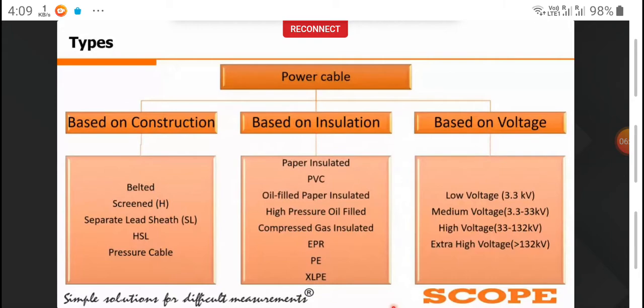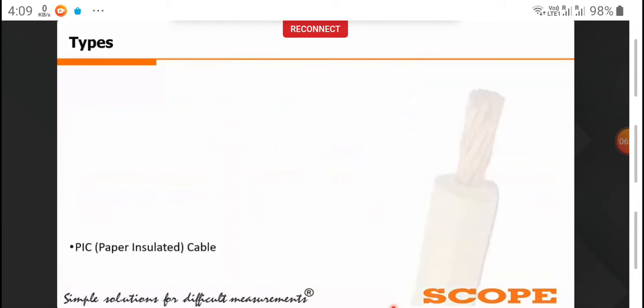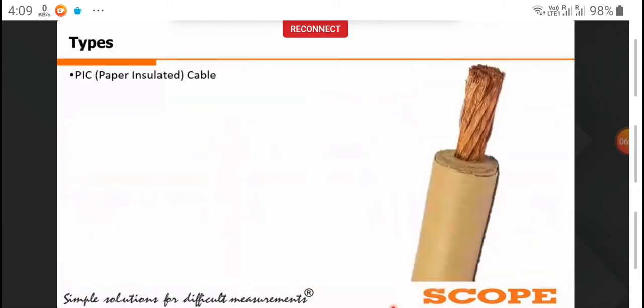Okay, and we will also see the types of cable according to the different insulation in the next slide. According to insulation, cables are classified into various types, in which paper insulated cables were developed first.